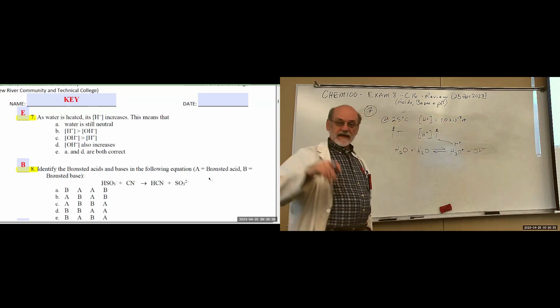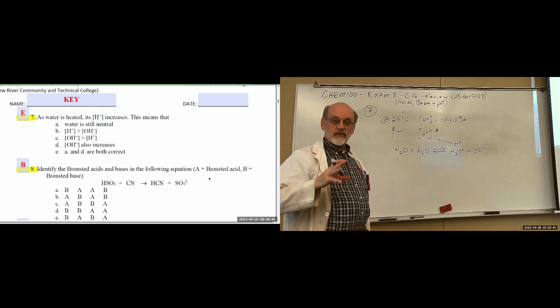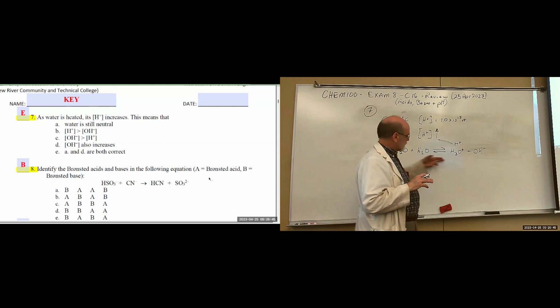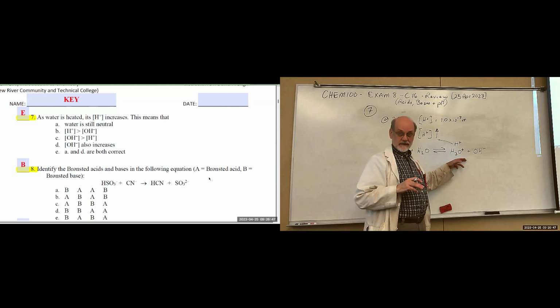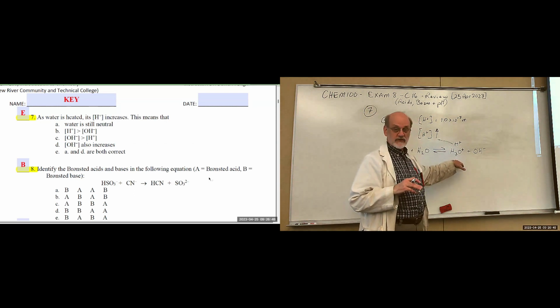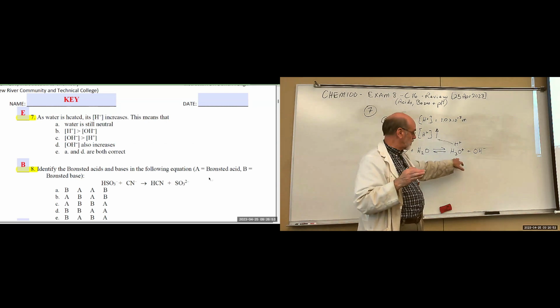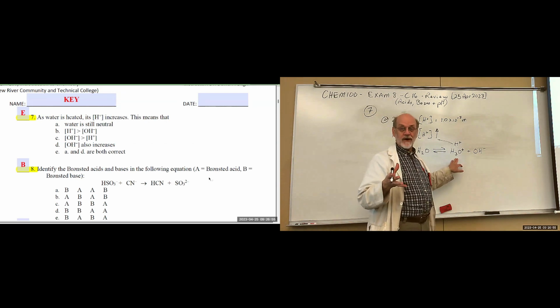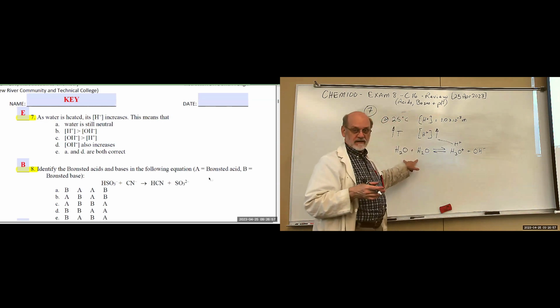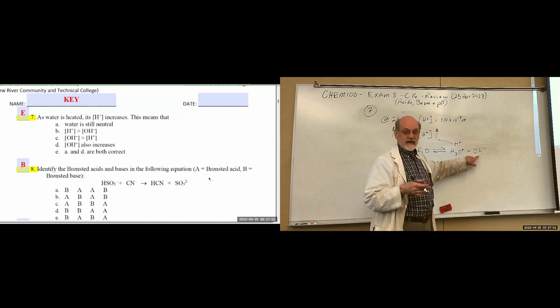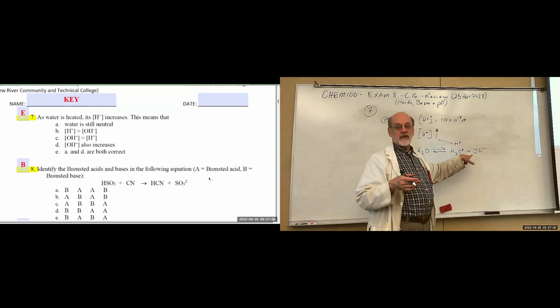If the temperature increases, what's happening? The reaction is shifting to this side, because it's producing more hydrogen ions. That's exactly what that problem says. When you heat water, it makes more of these. Where do they come from? They came from here. So if you get these, you're going to get the same number of these. They're both going to be higher, but they're both going to be equal.